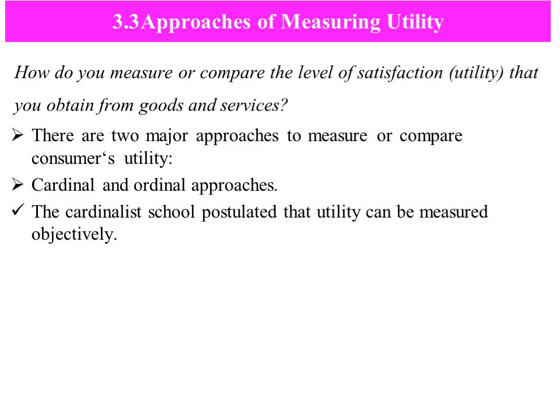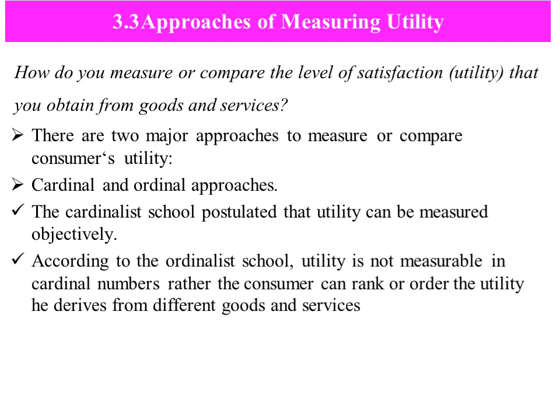The cardinalist school postulated that utility can be measured objectively. The cardinalist says that we can measure utility objectively. It is not subjective, that says. According to the ordinalist school, utility is not measurable in cardinal number; rather, the consumer can rank or order the utility he derives from different goods and service.